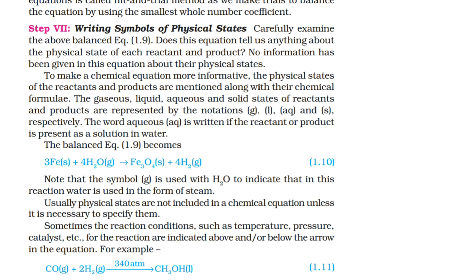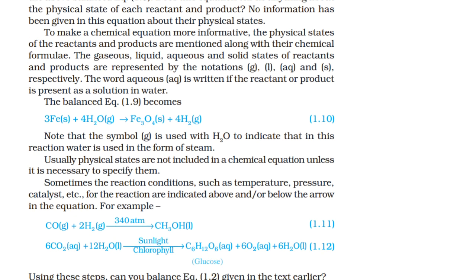The balanced equation becomes 3Fe(s) plus 4H2O(g), arrow, Fe3O4(s) plus 4H2(g).